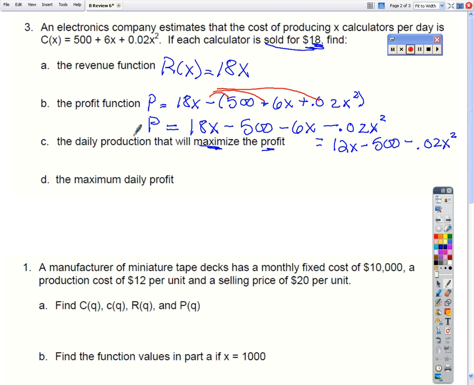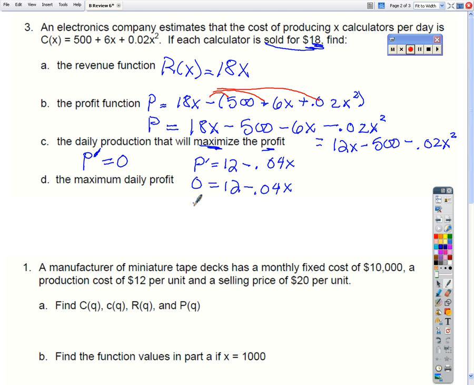Maximize profit. That's asking for when P prime equals 0. So first we need to find P prime. That's going to be 12 minus, this goes away, it's 0, so 0.04x. I'm going to set that equal to 0.